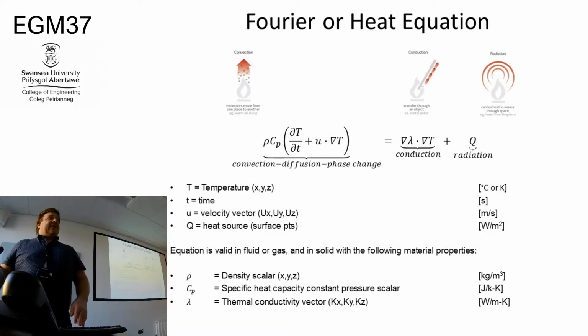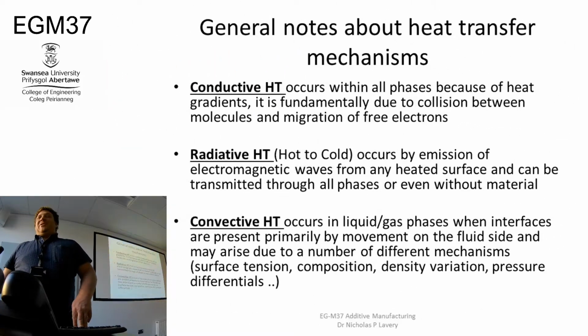You can solve it analytically, and that's been done for welding for many years, going back to the 50s, on a half plane using classical solutions for welding like the Rosenthal solution. I'm not going to do any of that now. It's not a maths course, so I'm just giving you some of the physics of the equations to understand them when you see them. These are just definitions of conduction, radiation, and convection.